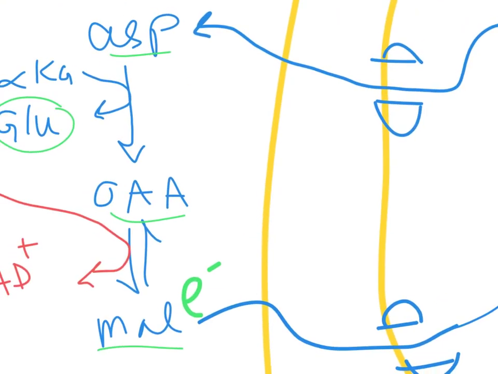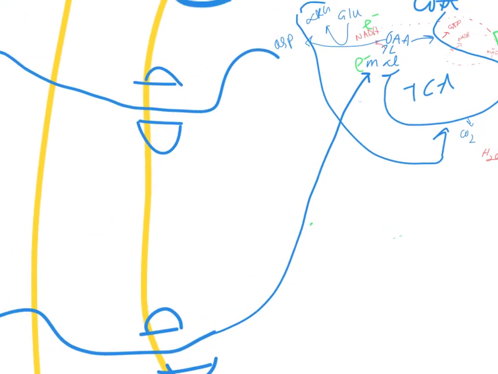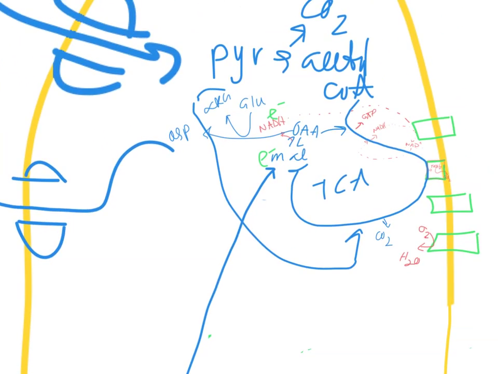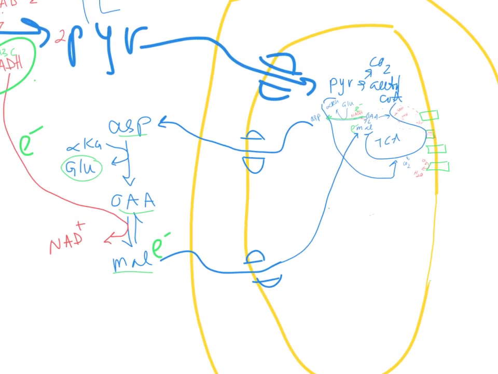Malate crosses into the matrix and rejoins the TCA cycle right where it's supposed to. Malate is oxidized to oxaloacetate and spits back out an NADH, or really just moves the electrons from itself onto an NAD+, creating NADH. Oxaloacetate can gain back the nitrogen, creating aspartic acid, which then again gets shuttled. Okay, that's the malate-aspartate shuttle.